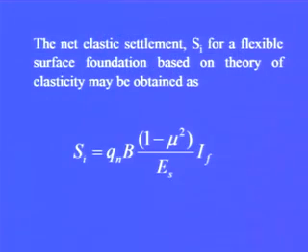Then we have Es as the modulus of elasticity of the soil, and again for this we can go for the laboratory method or the methods which are based on the field test, like standard penetration test or the plate load test or the pressure meter test or the static cone penetration test.